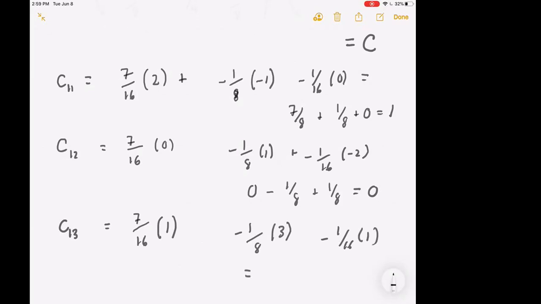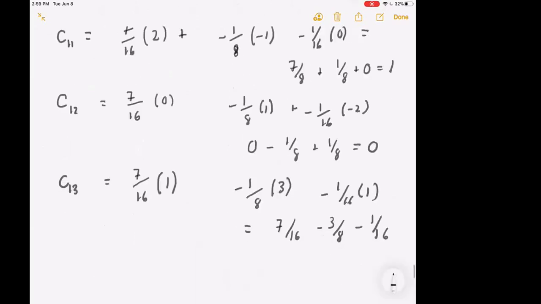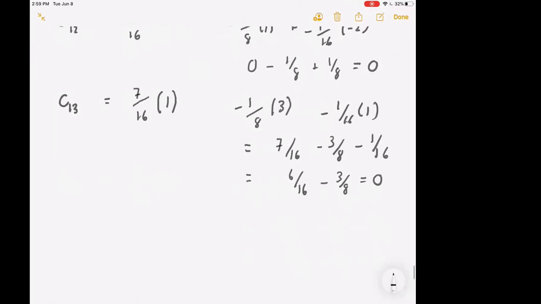Okay, so let's see, what does this give us? 7/16 minus 3/8, 1 minus 1/16. That's going to be 6/16 minus 3/8, and that vanishes. 3 down, 6 to go.